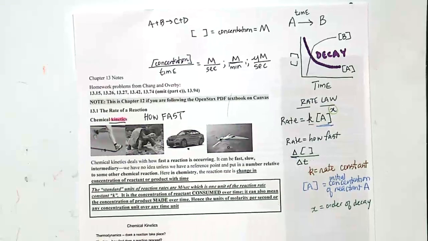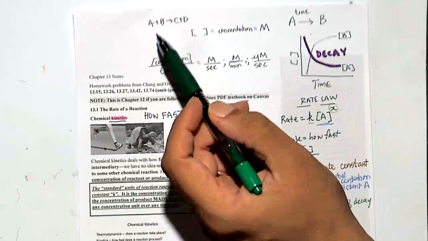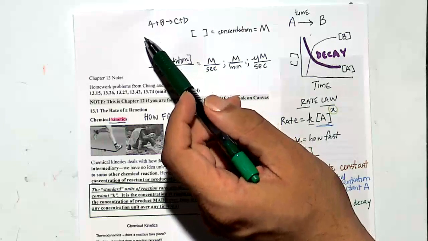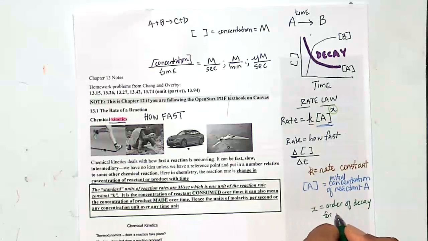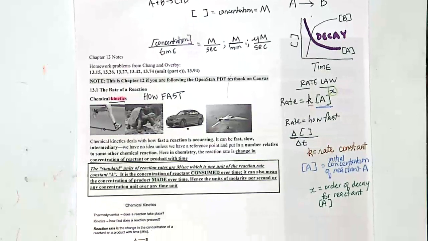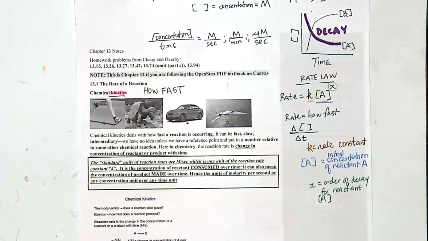Okay? The order of the decay for reactant. For here it's reactant A. For this one would be the order of decay for reactant A and reactant B. So this is an exponent.